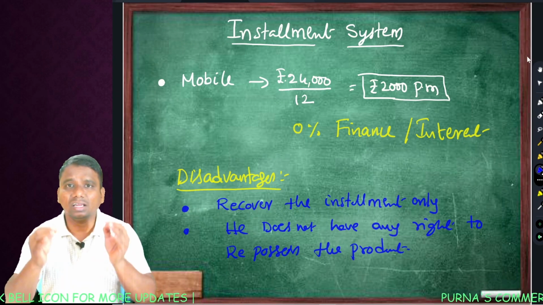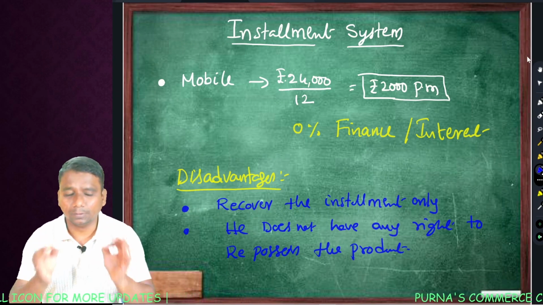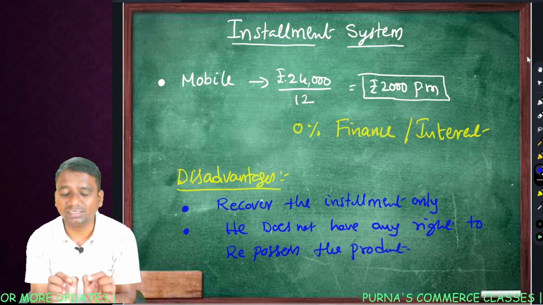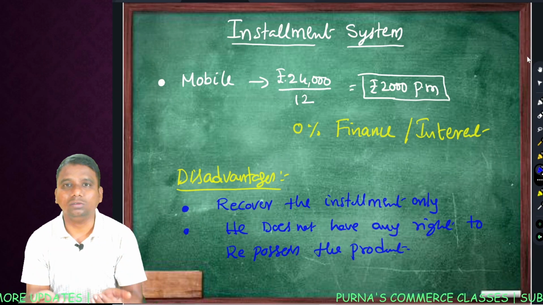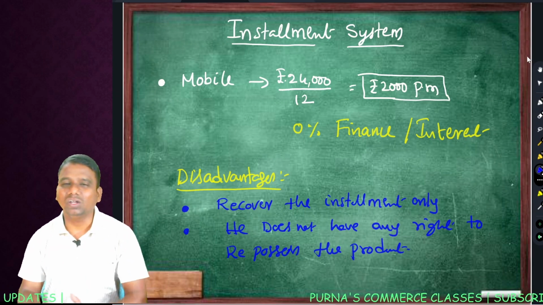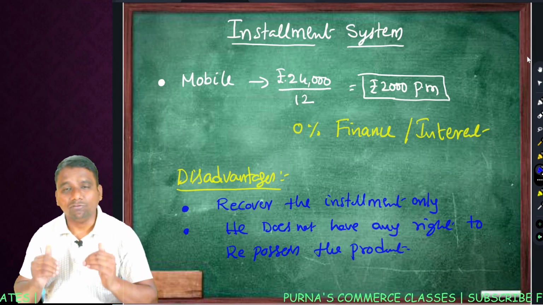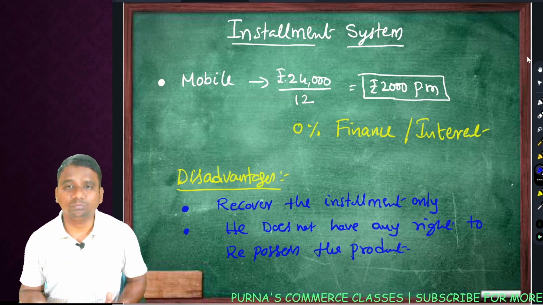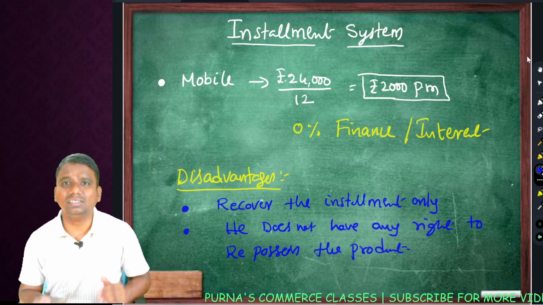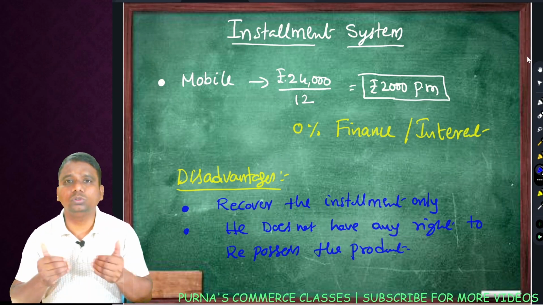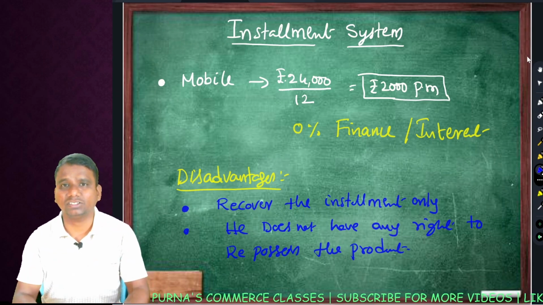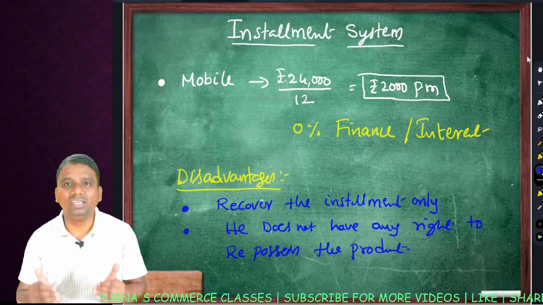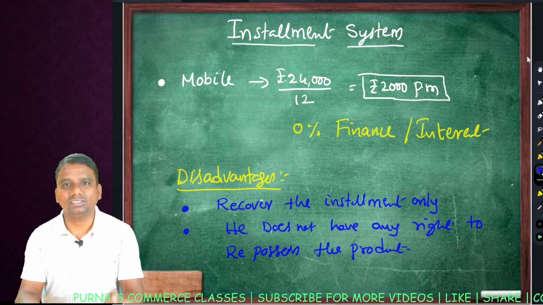So what is the accounting treatment for this transaction of installment system? That we should understand. Here we are selling the goods without receiving the total amount, but the amount which we receive is in installments. So how do you record these transactions in the books of accounts? That we should learn in this chapter.